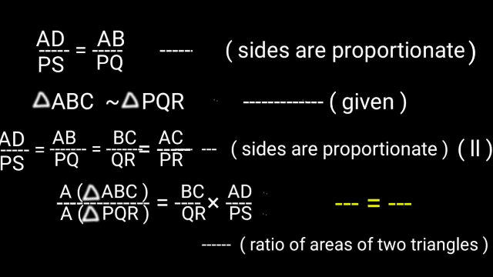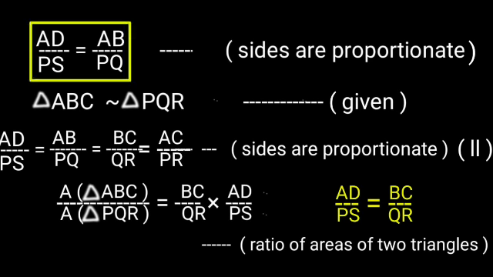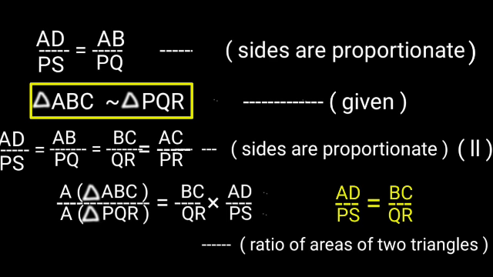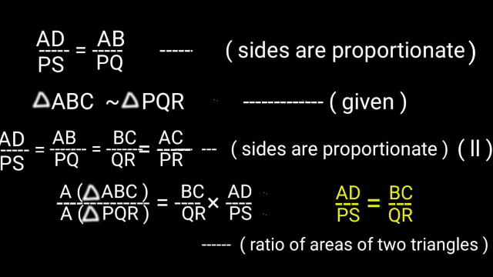If two triangles are similar, then their corresponding sides are in proportion. Hence, AD upon PS is equal to AB upon PQ. The reason is, sides are proportionate. We are given triangle ABC is similar to triangle PQR. Hence, their sides are in proportion.